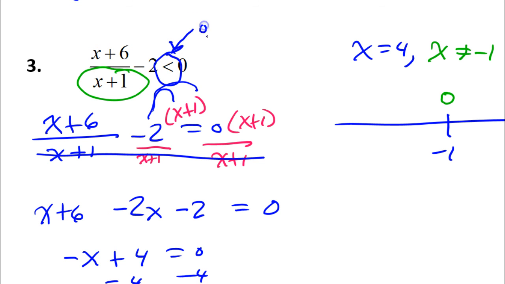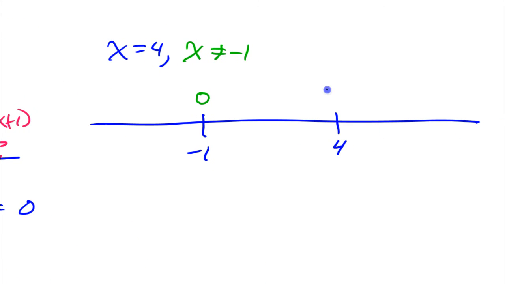This time it's going to be open because it doesn't have the or equal to part to it. So both of these are going to be open circles. So I'm going to do my test values. So I'm going to do over here, negative 2, I'll do 0, and 5. I'm going to do these three values.